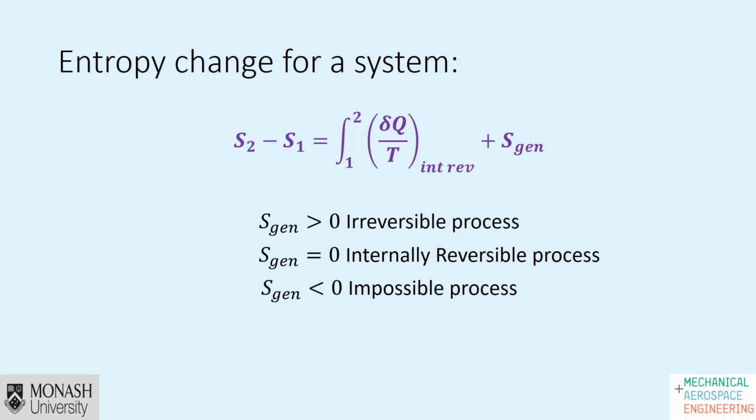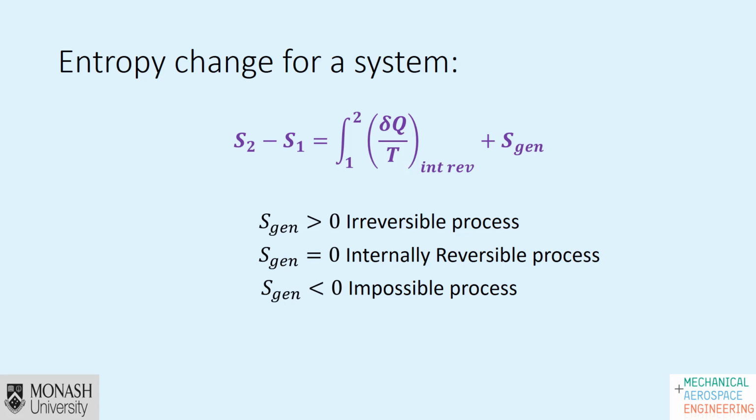In our nice idealized world, we can talk about internally reversible processes where no entropy is generated inside the system boundary. But even in our nice, simple, idealized world, there can never be negative entropy generation, at least not at the sort of scales we deal with in engineering thermodynamics. So the best we can get is no generation for internally reversible processes.